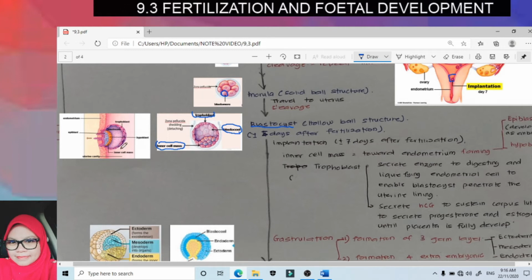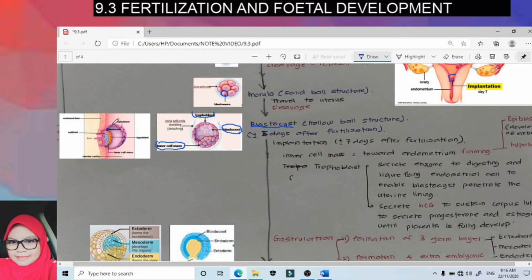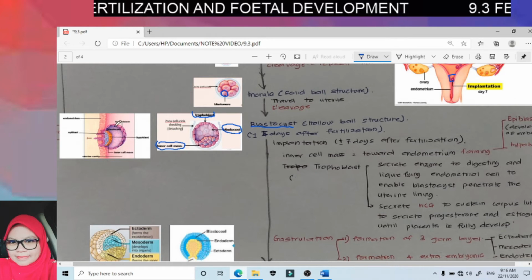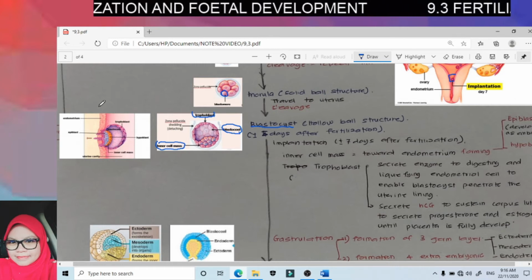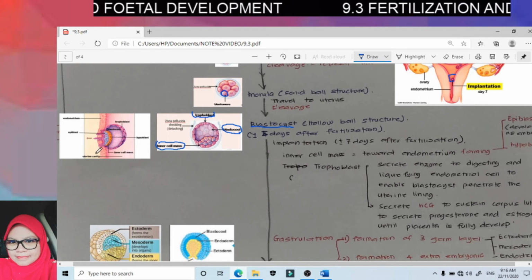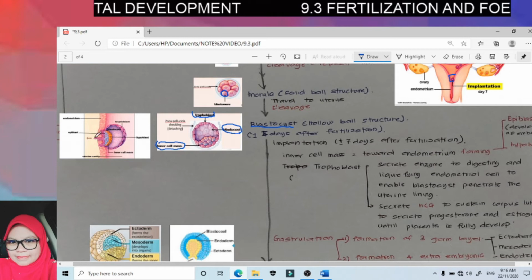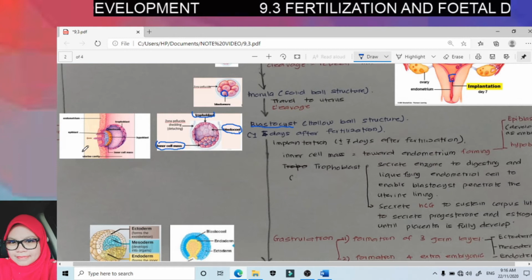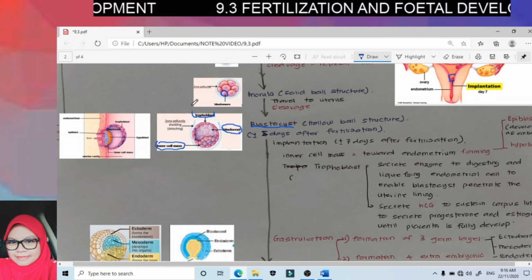So the blastocyst may bury itself in the endometrium wall. So to penetrate this, it must digest the endometrium cell. So the enzyme is secreted by the trophoblast.